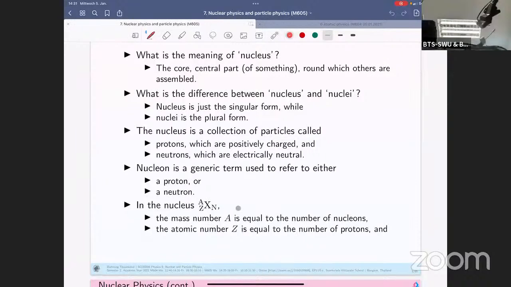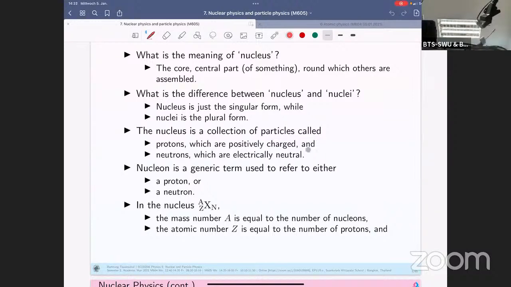The mass number A is equal to the number of nucleons, whether it's proton or neutron, doesn't matter. The atomic number Z is equal to the number of protons.